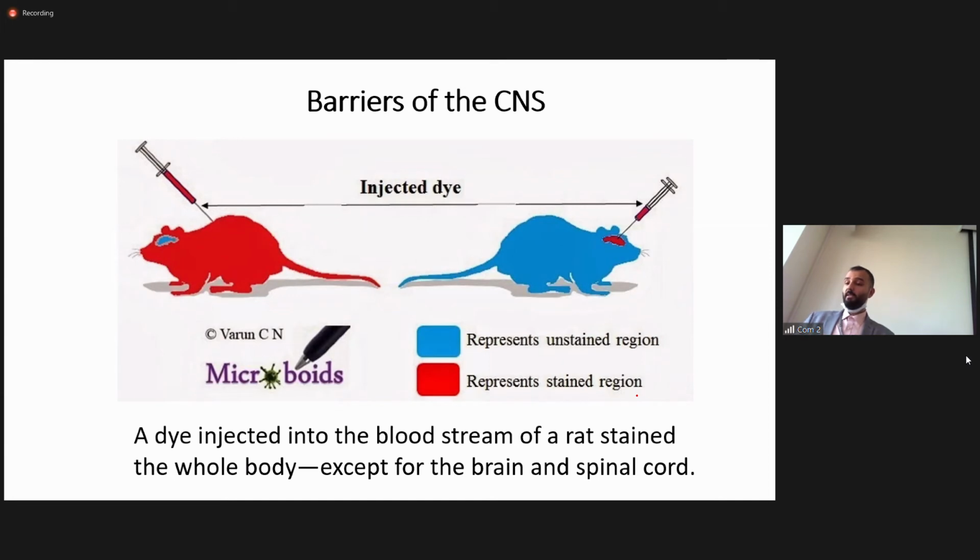What he did is basically inject a dye in rats. And what he found is that the dye stained the whole body except the nervous system, okay? Whereas injecting the dye into the central nervous system stained only the nervous system without staining the body, okay? And so this is when the concept of the blood-brain barrier was discovered.